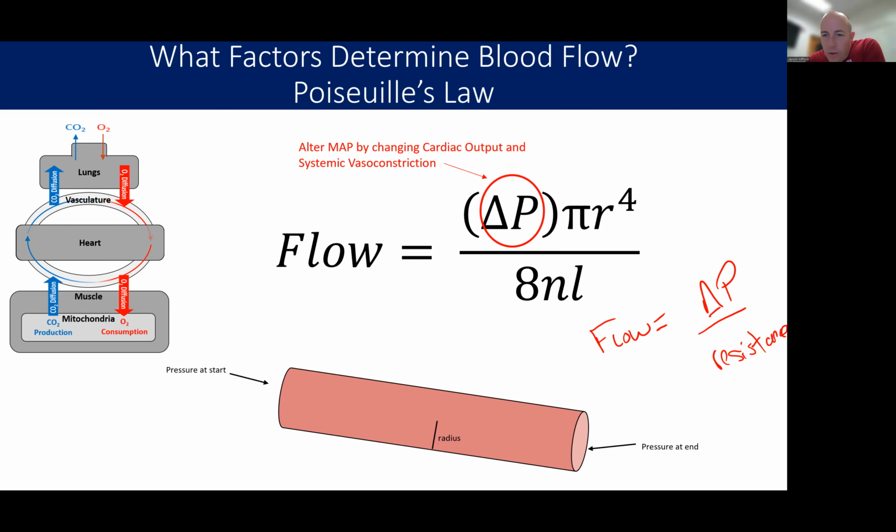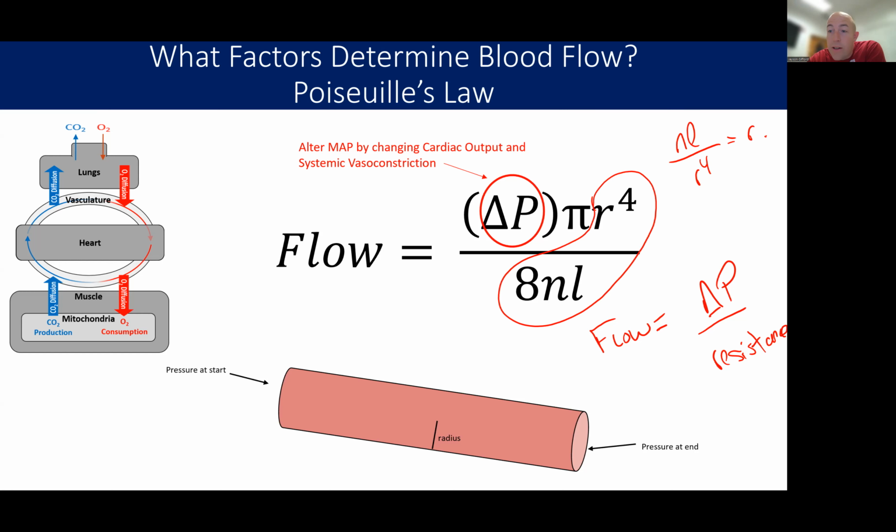Things that increase resistance will be viscosity. If you have a high viscosity or a high length, it's going to cause a lot of resistance to flow. Things that decrease resistance are the radius. So really our resistance is just the inverse of this. So it'd be viscosity times length over radius to the fourth. This is what resistance is.